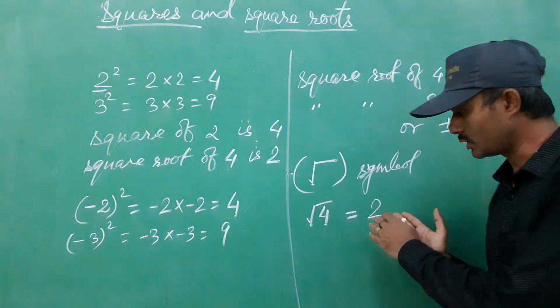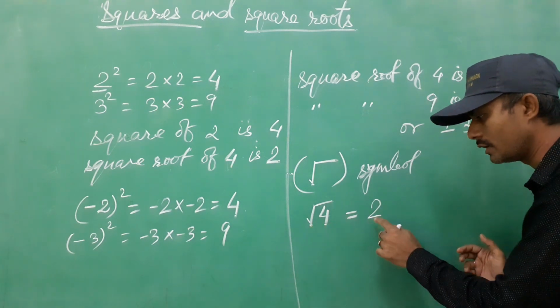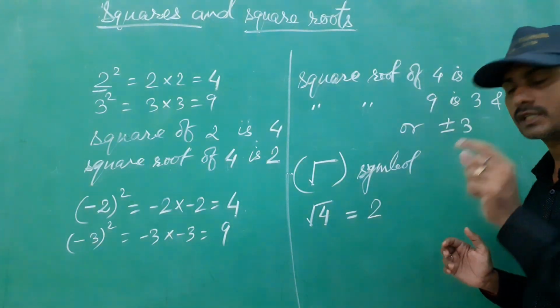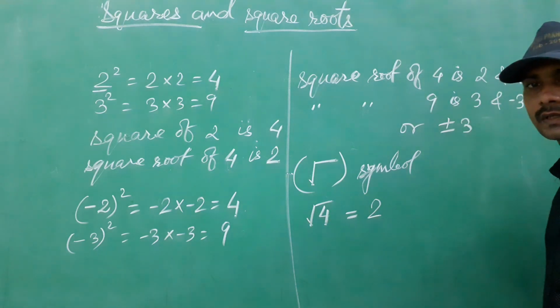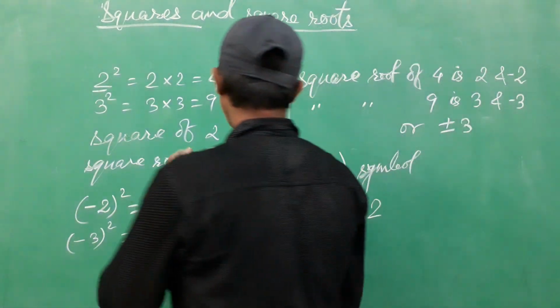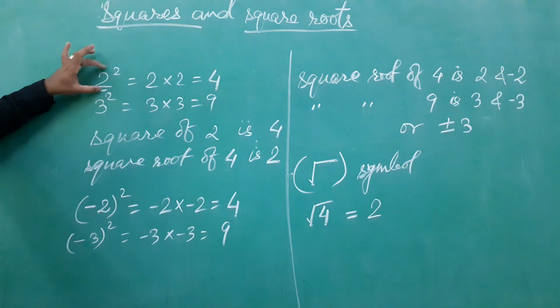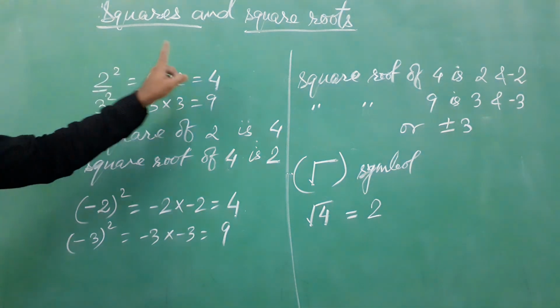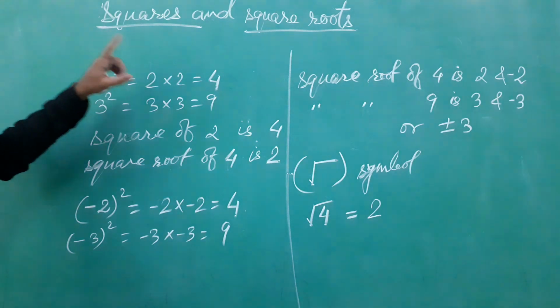Many have confusion in this one only. Many are writing with the symbol itself plus 2 and minus 2, but keep in mind, with the symbol it is 2 only. Now for perfect square numbers, this is the way: we have to search for a number whose square is known, and that number is the square root of the number.